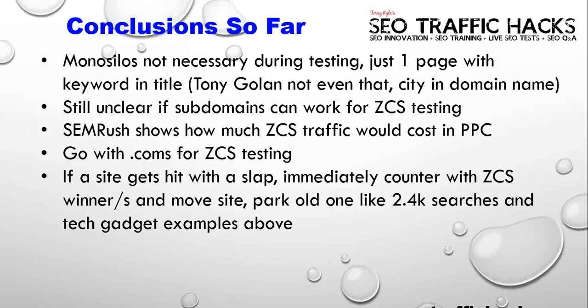So if you get hit with a slap, you need to just take it on the chin, but immediately bounce back and counter with a 5-pack or 10-pack of different zero content SEO sites.